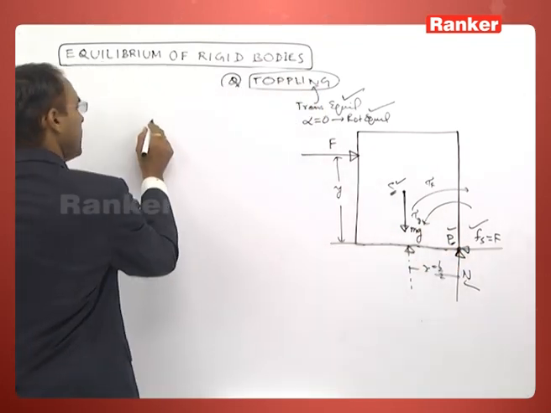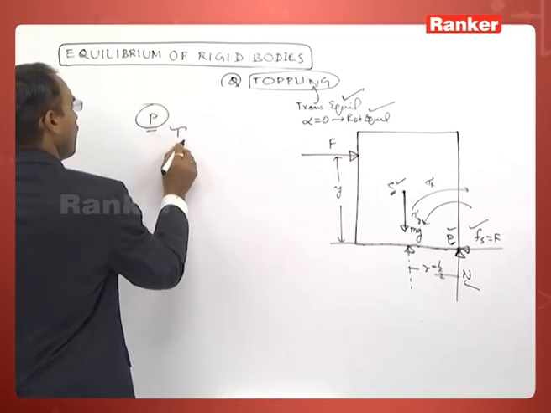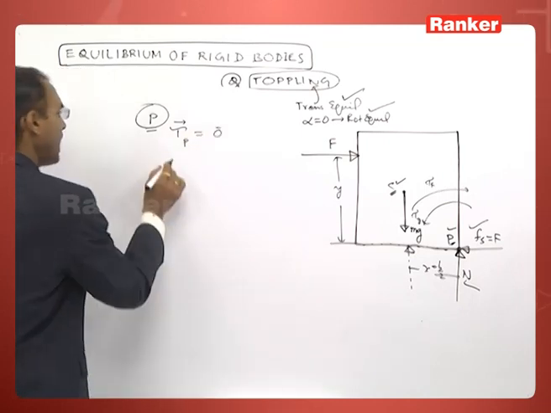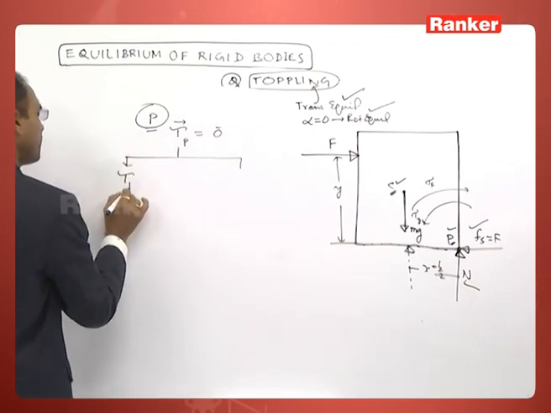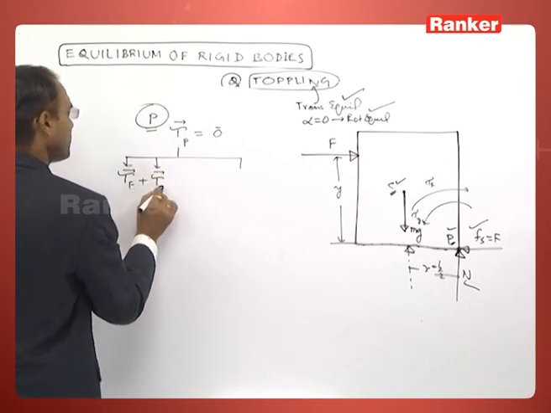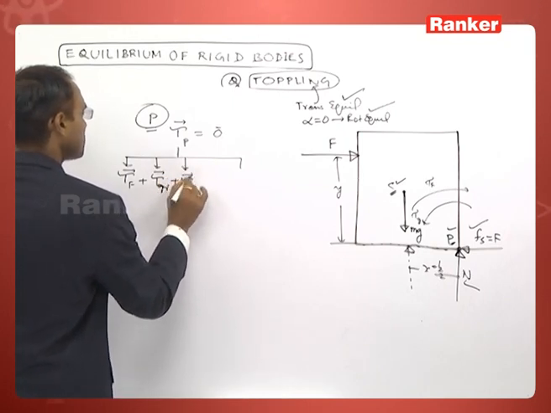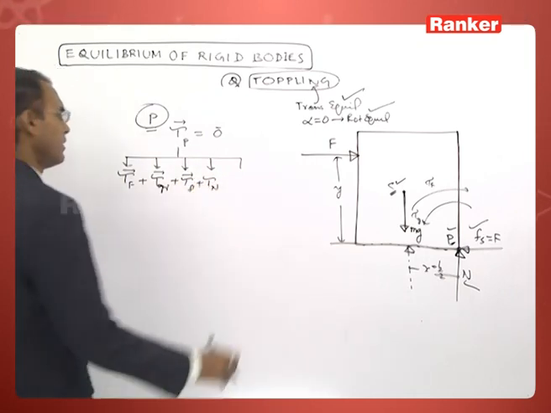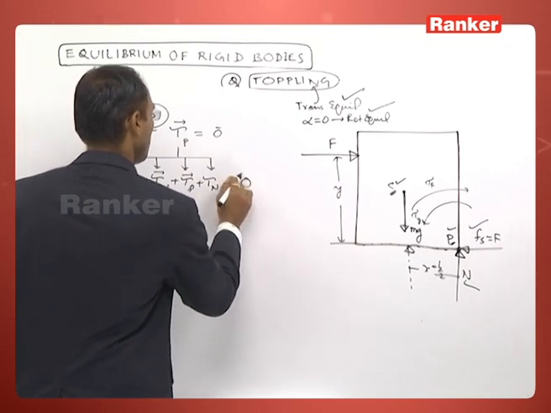So, let us take the reference point P and write the torque equation. Tau P is equal to alpha I, which is 0, because alpha is 0. Tau P is equal to torque due to the applied force plus torque due to the gravitational force plus torque due to the frictional force plus the torque due to the normal reaction will be equated to 0.